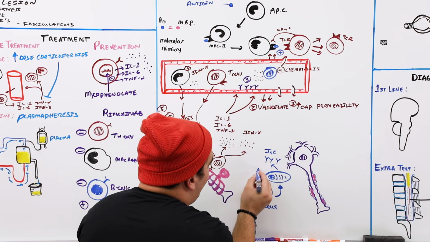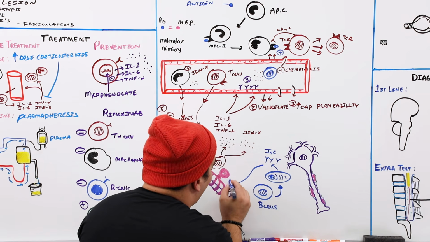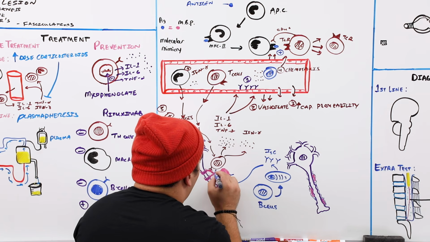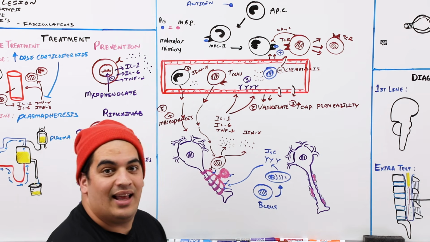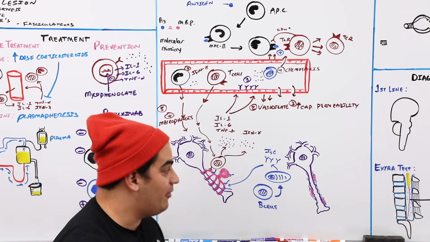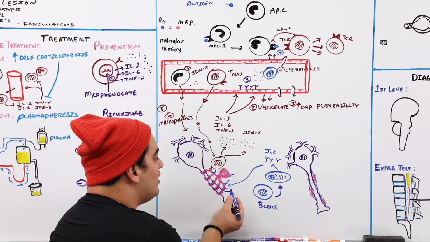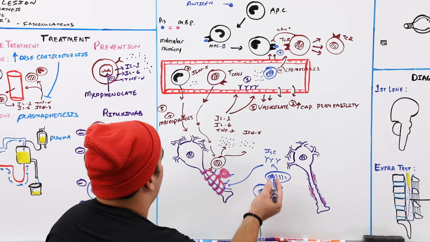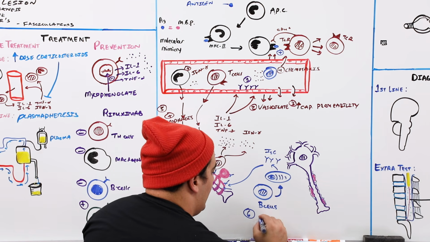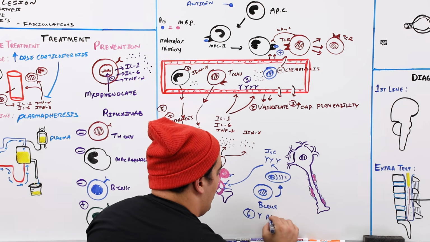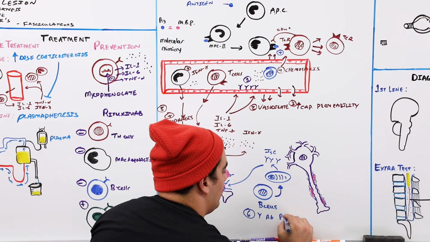These IgG antibodies are going to go and tag the oligodendrocytes and the different components on the myelin that resemble that initial antigen via the molecular mimicry reaction. When it does that, it tags them. So this is the sixth thing to happen that I want you to remember: an increase in antibody production.